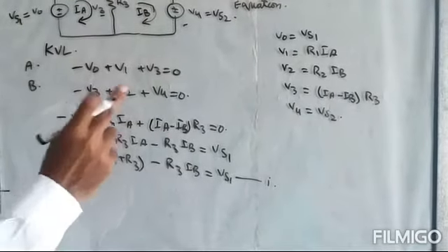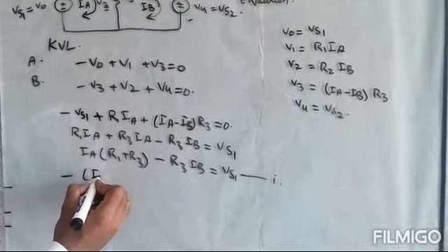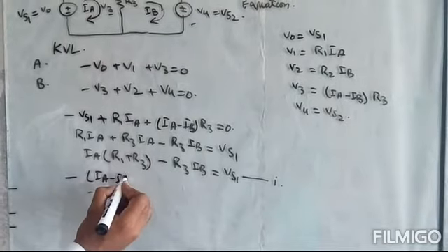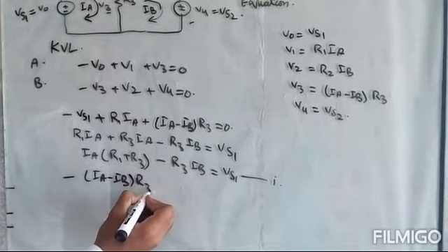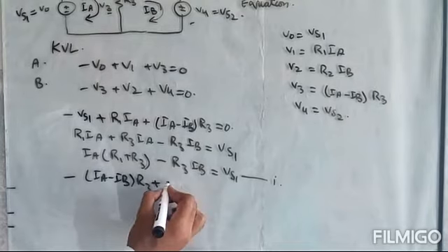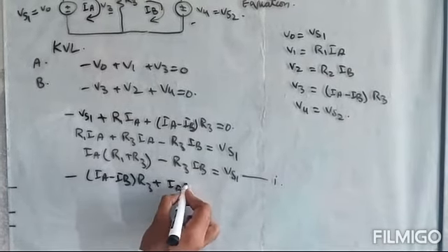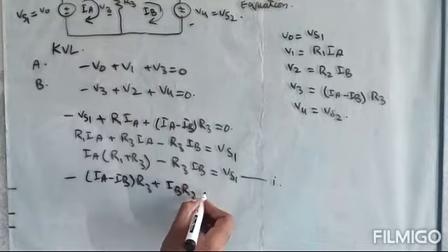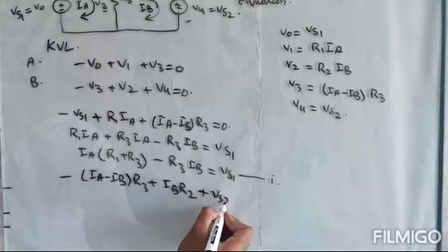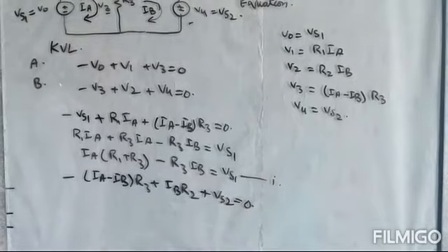Now we will put the values of these voltages in this equation. Minus V3. V3 is equal to IA minus IB into R3, plus V2 is equal to IB R2, plus V4 is equal to Vs2, and it is equal to 0.